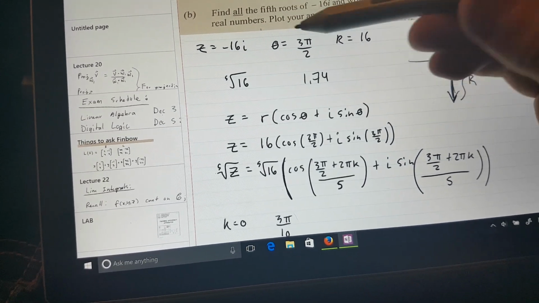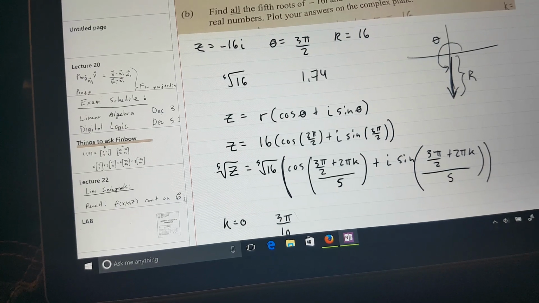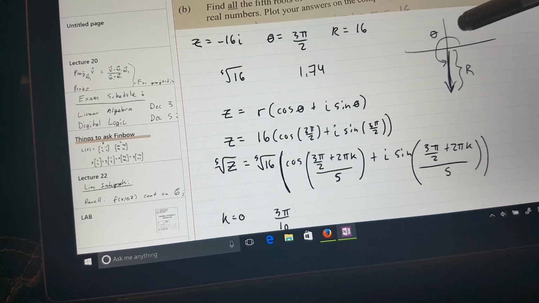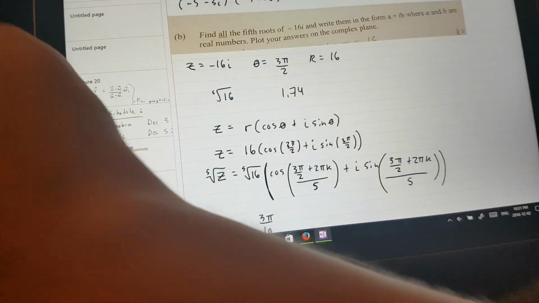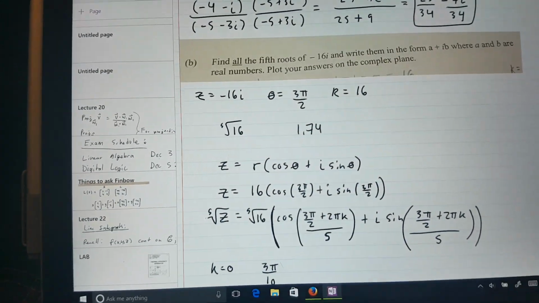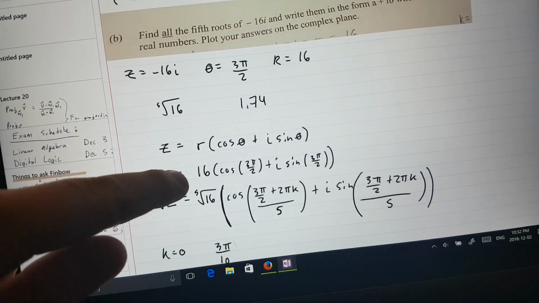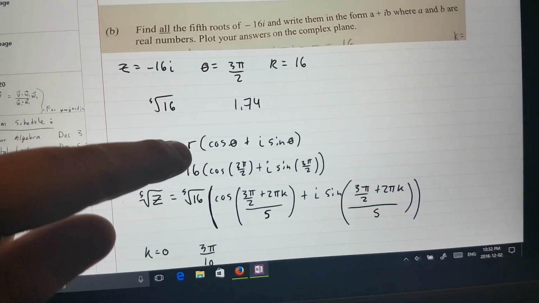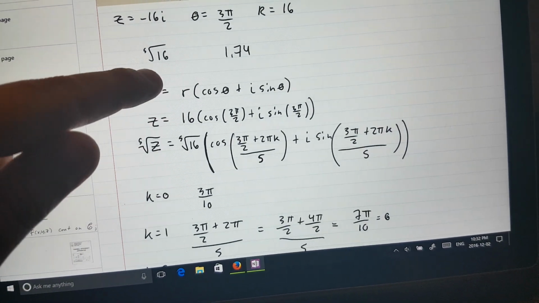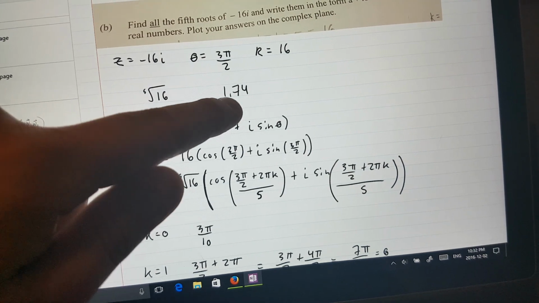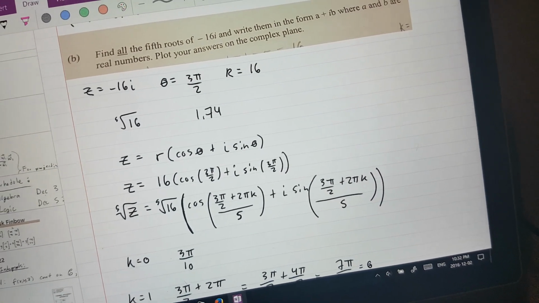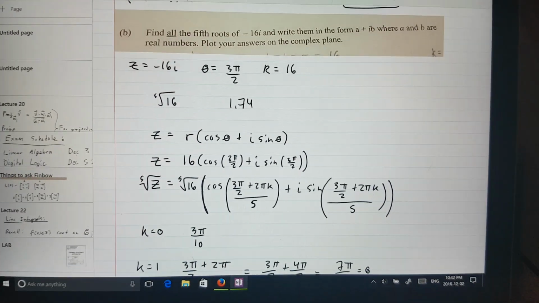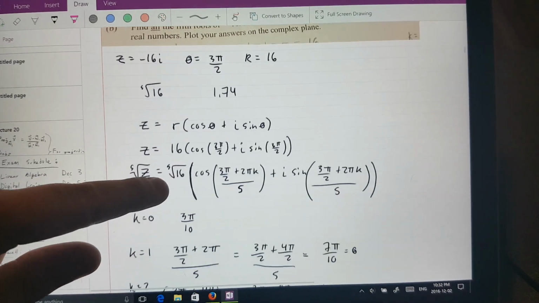So just take the modulus of this, and you're going to get the radius, or the length of that vector rather, and you're going to get theta. I just computed the fifth root of 16 on a calculator just to get that, but you're not going to have that in the exam, so just leave it as that if you can't solve for it easily.